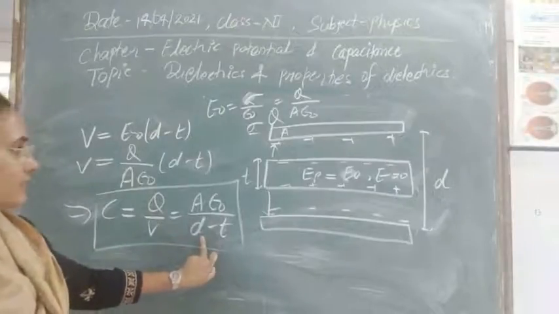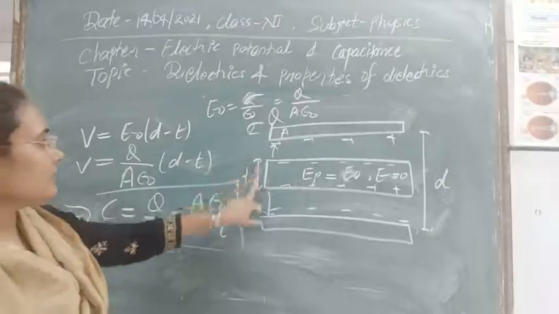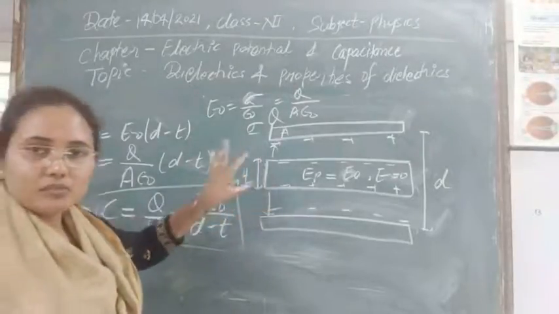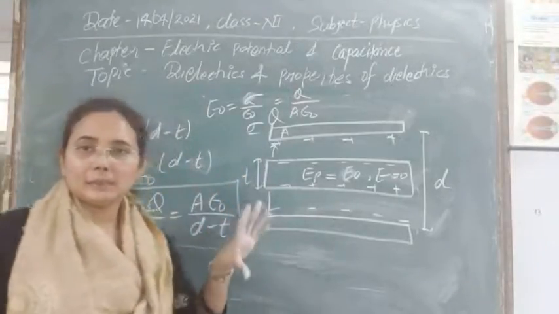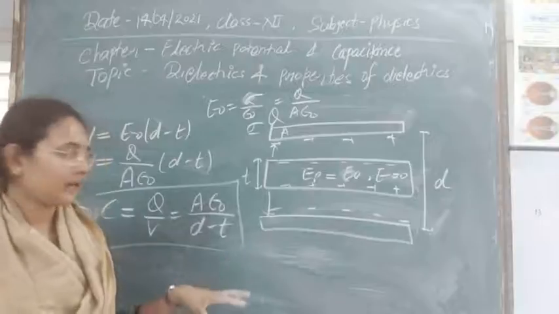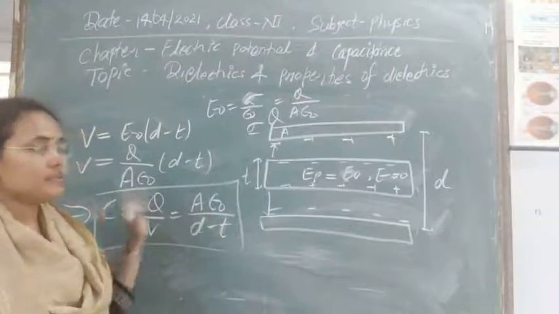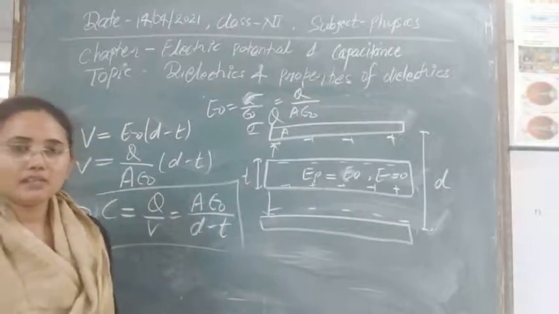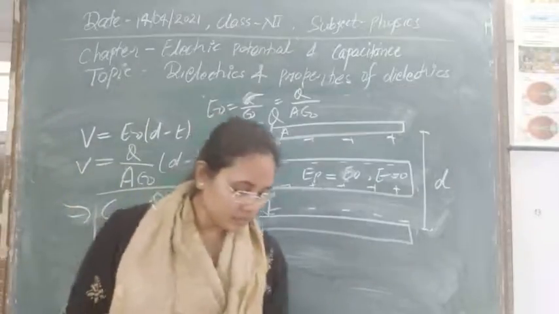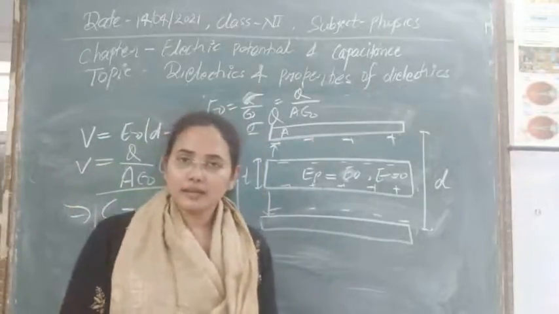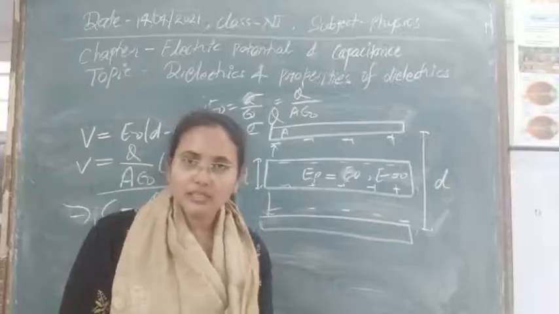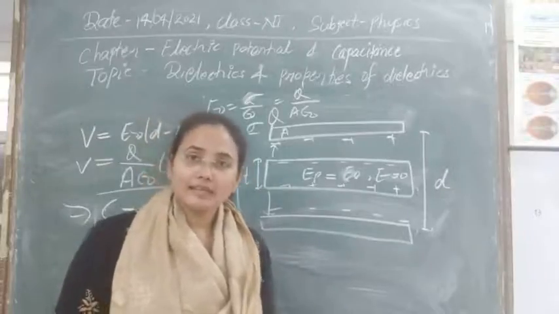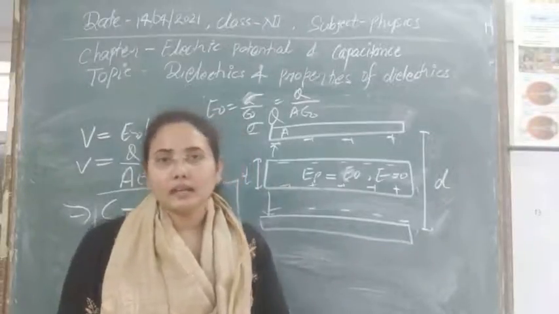To decrease this factor, we can increase the plate thickness. So simply, by increasing the thickness of the conducting plate, we can increase the capacity of the parallel plate capacitor, even by a conducting medium. So a conducting medium can also increase the capacity, and a dielectric medium can also increase the capacity.